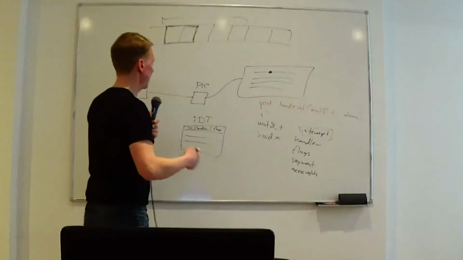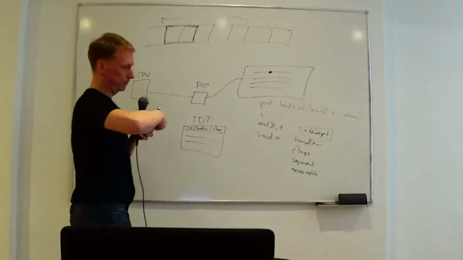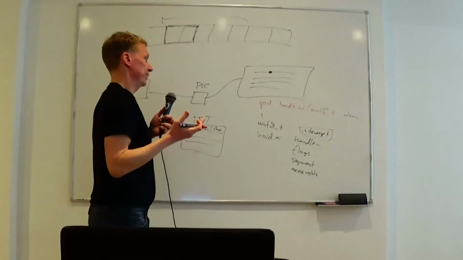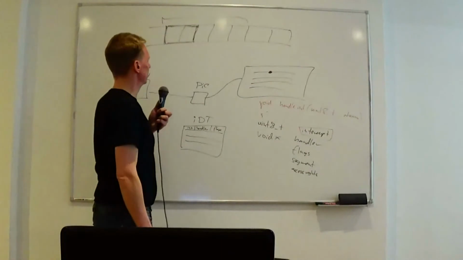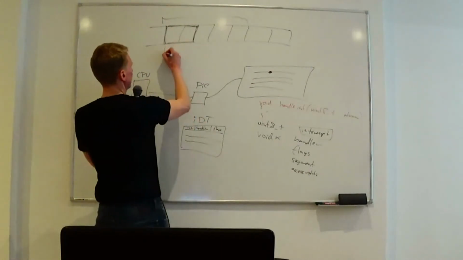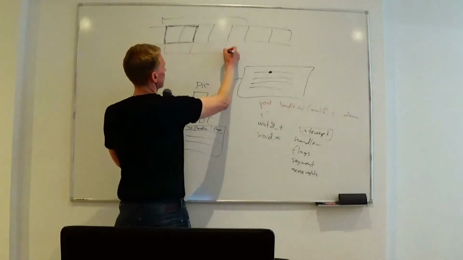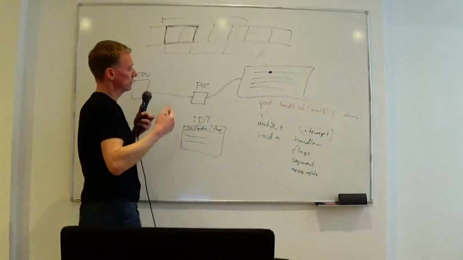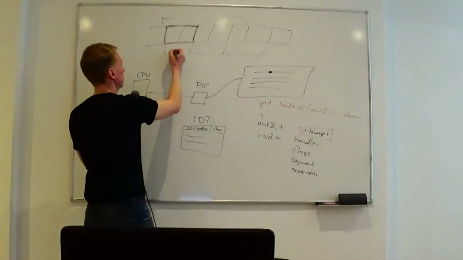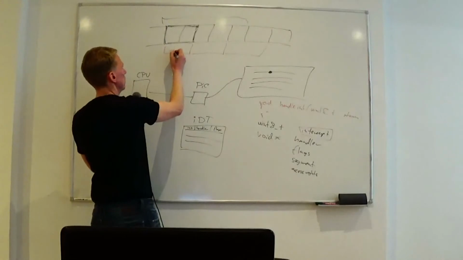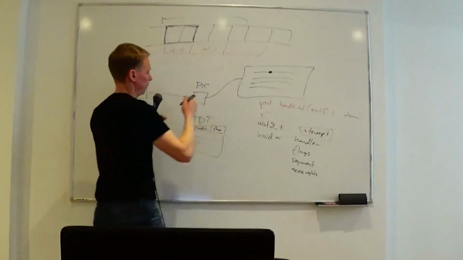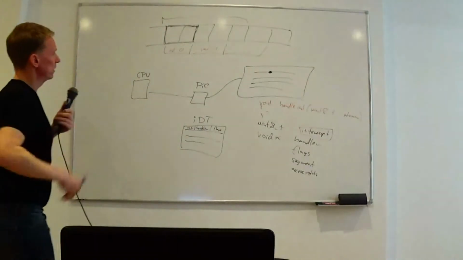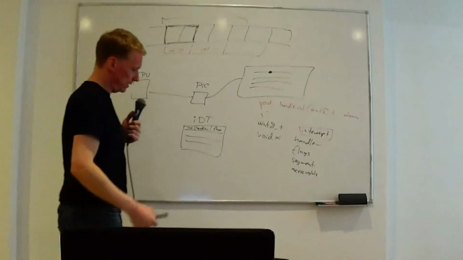So what it has to do instead, and it might seem stupid at first, but really I don't think there is any alternative to this, is you need different handlers, so different code for every single interrupt. So here you would have one for interrupt 0, here you would have one for interrupt 1, and so on, right?